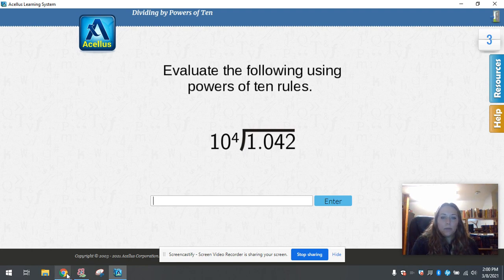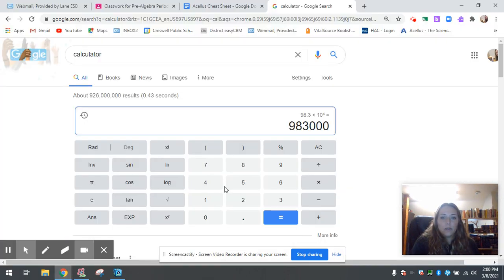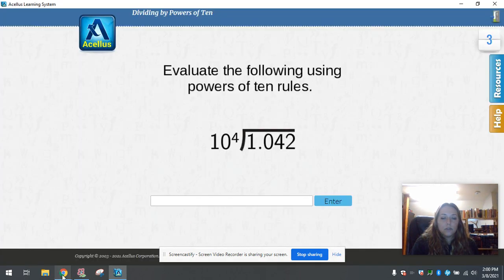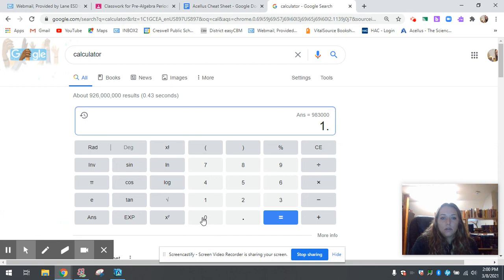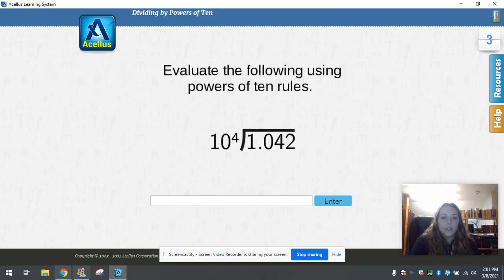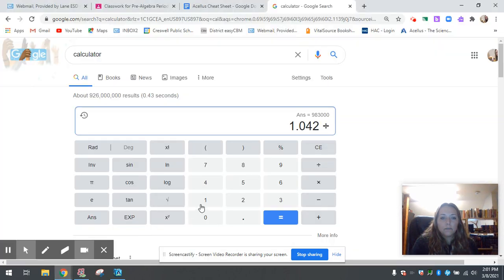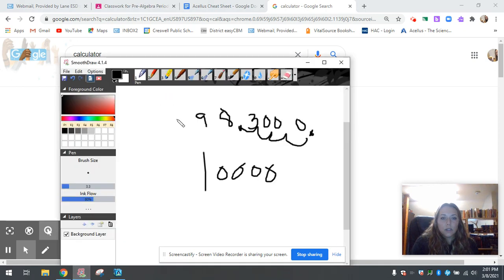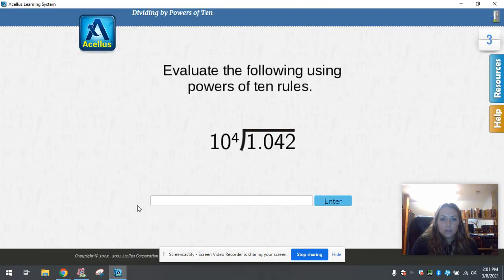Let's just say I want to put in my calculator 0.042 divided by 10 to the power of 4 gives me 0.0010001042.